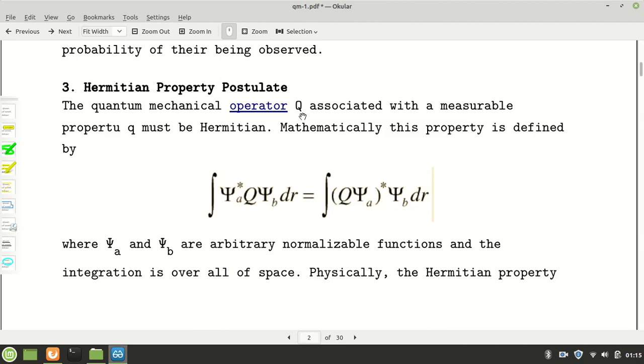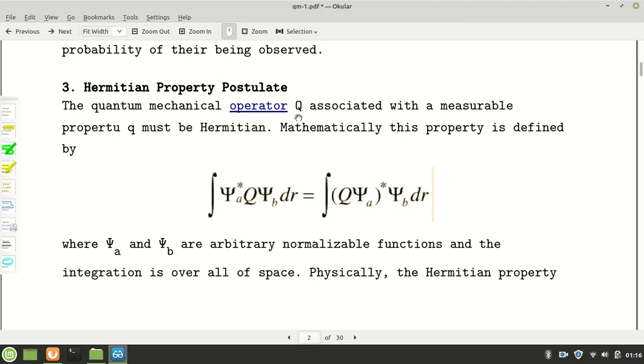Here the operator Q is representing a dynamical variable, and if the values of those dynamical variables are experimentally determined, they will give you a real value, because you are doing real experiments. For example, the electron is at 5 nanometer distance from the nucleus in the atomic picture. So real values come out of the experiments, and the operators are the representers of the dynamical variables.